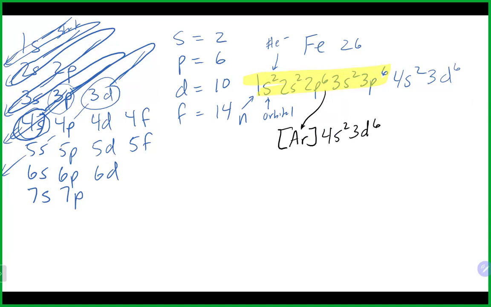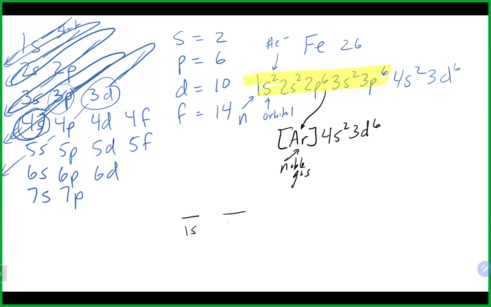It is always a noble gas that goes in the bracket. So this always has to be a noble gas from group 8 that comes before whatever element you're writing the electron configuration for.